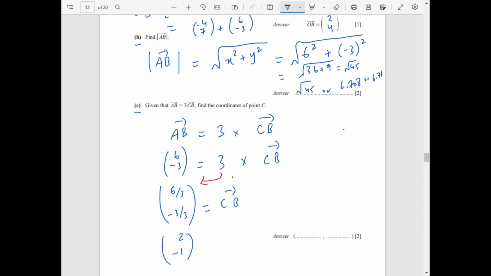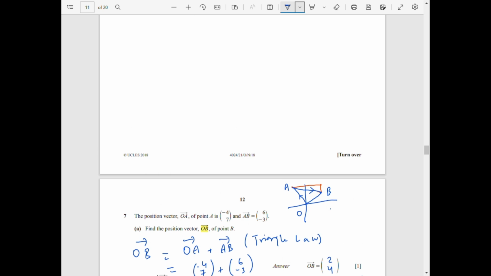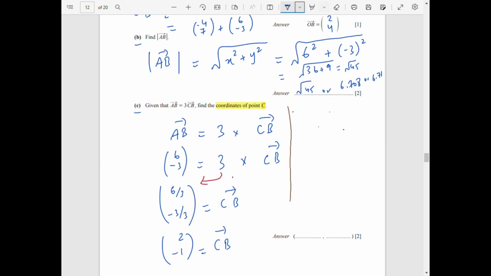Okay, that's not the answer yet, because you were asked to find the coordinates of C and not just the column vector of CB. So to find that, what are we going to do? We are going to use the coordinates of B. We know them right here in part A. We found them: 2, 4.